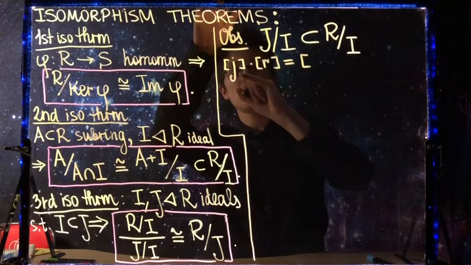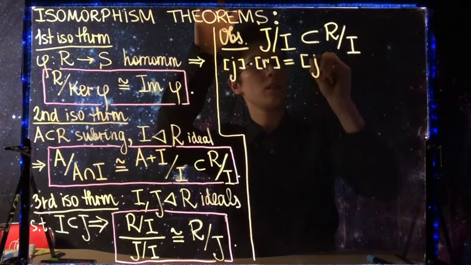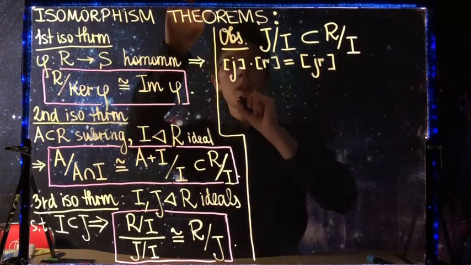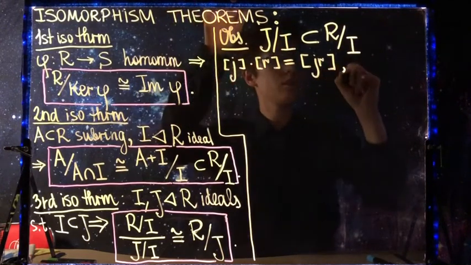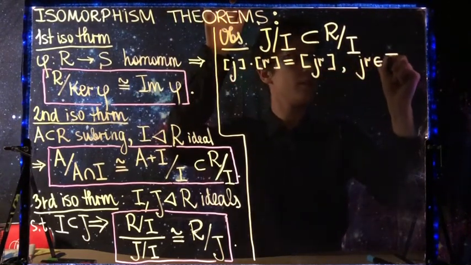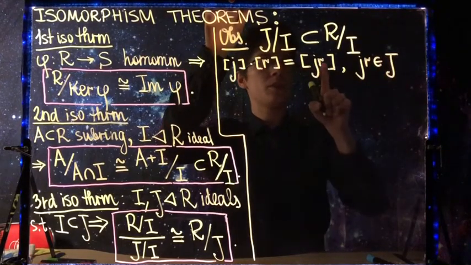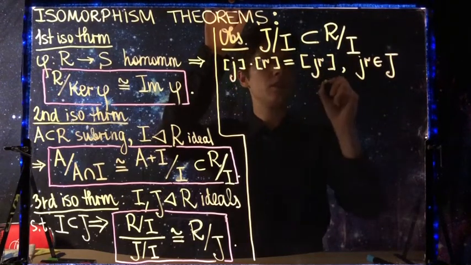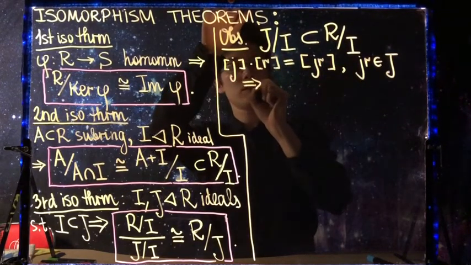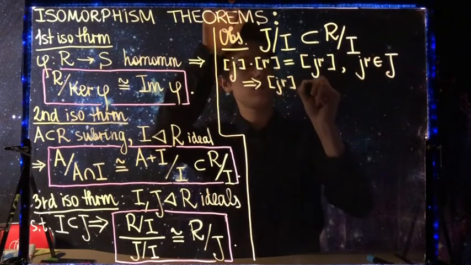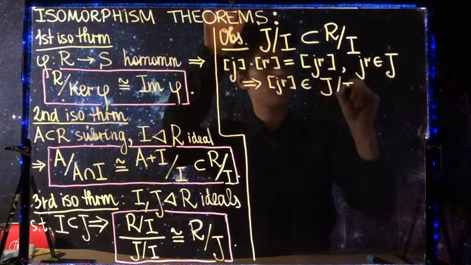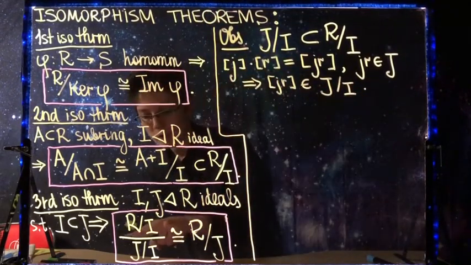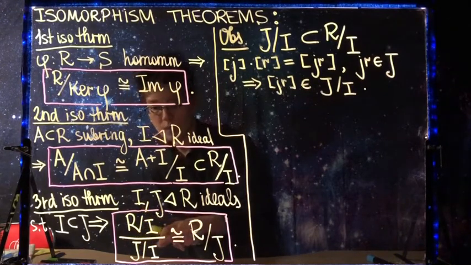Then the product of these two equivalence classes is jr, and jr lives in J. Therefore, this equivalence class lives inside J mod I. And since J mod I is an ideal, we can quotient out R mod I by this ideal.